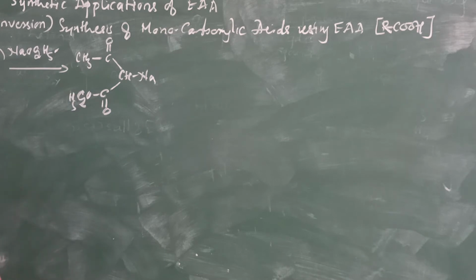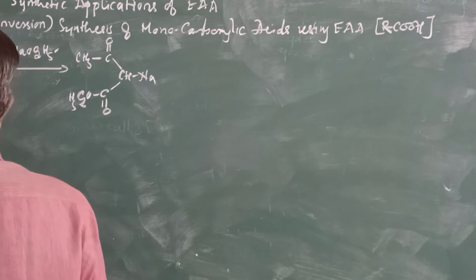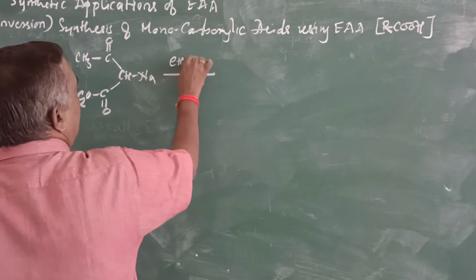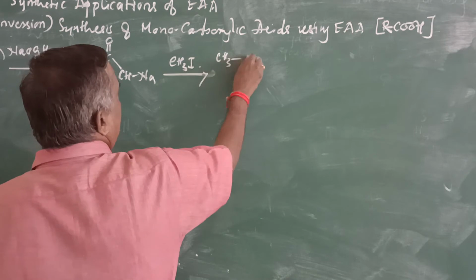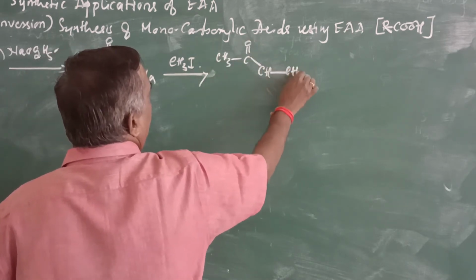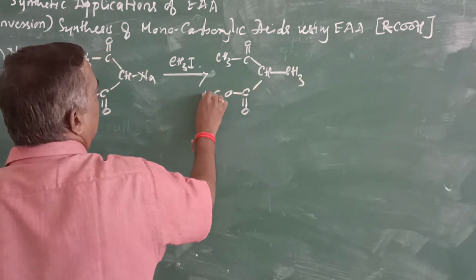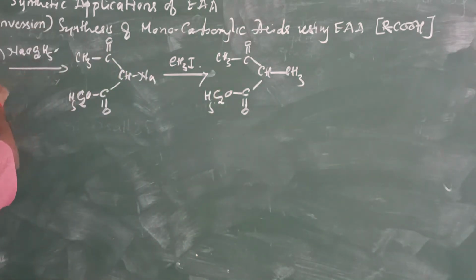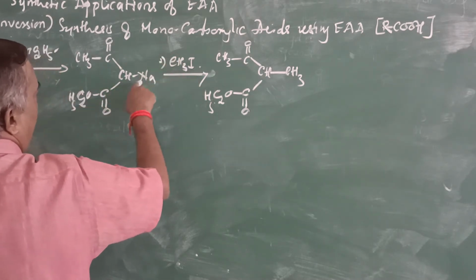That is the monosodium salt of EAA. This monosodium salt is again allowed to react with methyl iodide. First you treat with sodium ethoxide, remove one proton, add sodium, and in the second step you treat with methyl iodide, and you get CH3, CO, CH, CH3, CO, OC2H5.